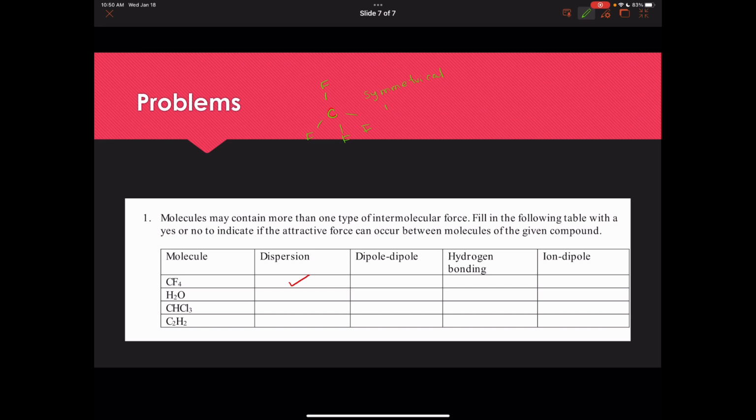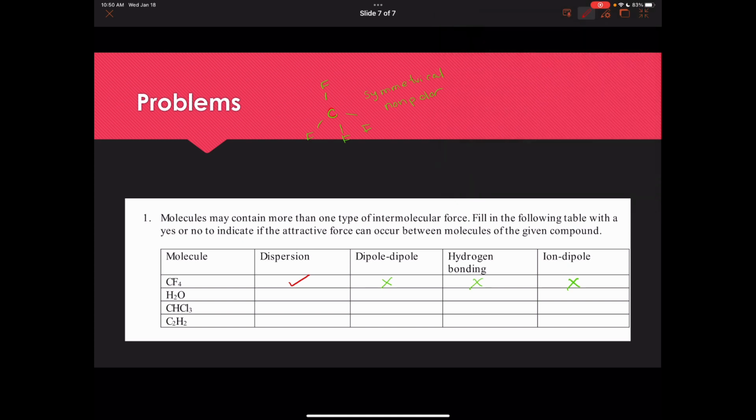Since it is symmetrical, it is non-polar. Since it's not polar, there's no dipole-dipole. There's no hydrogen, so there's no hydrogen bonding. And it's a pure substance. There has to be an ionic compound present for ion dipole, so it is not ion dipole. So it's a non-polar molecule. The only force we have present are the dispersion forces.